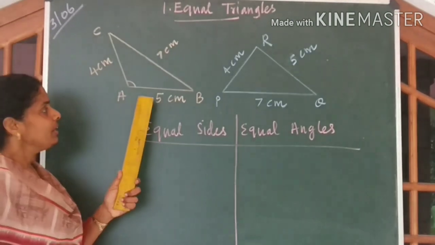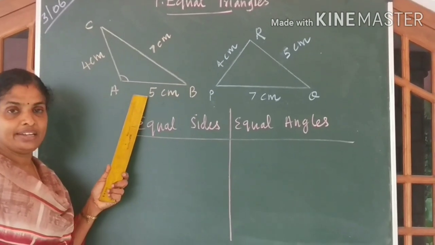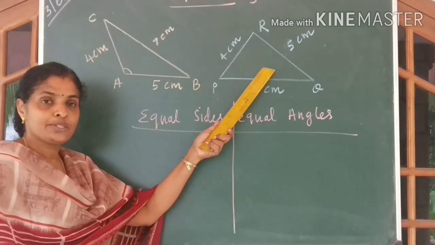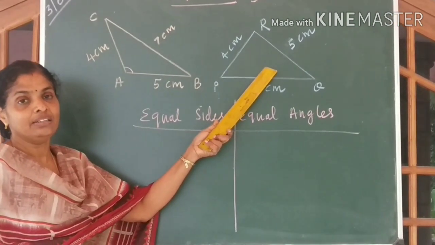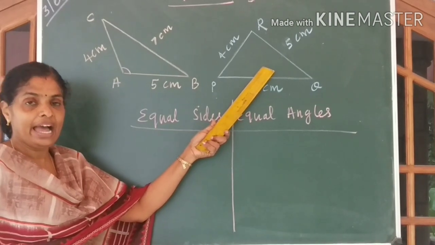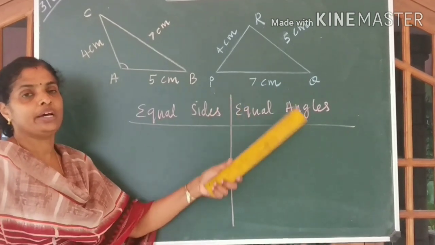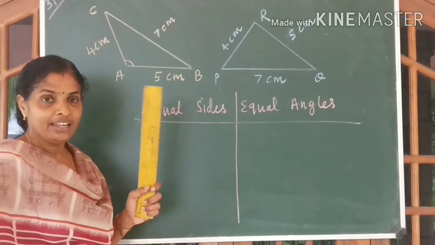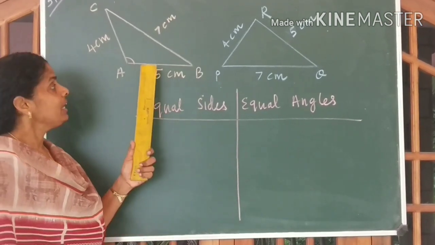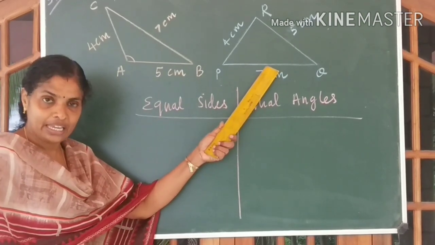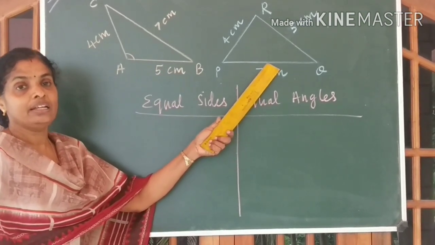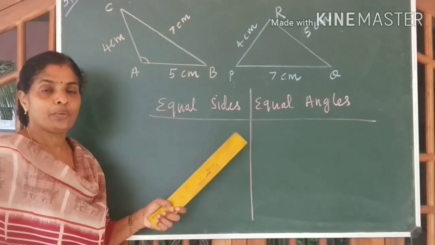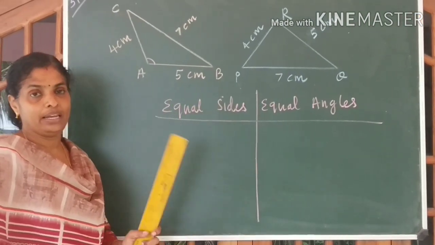If three sides of a triangle are equal to three sides of another triangle, then the angles opposite to the equal sides are equal. Is it clear? Let me repeat once again. If two triangles are equal, then the angles opposite to the equal sides are equal.